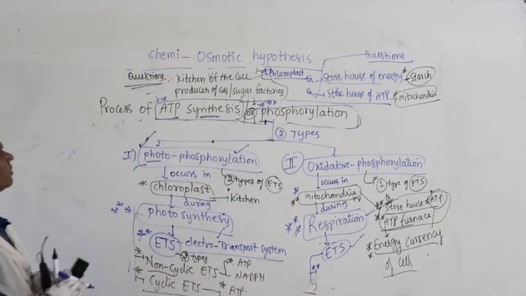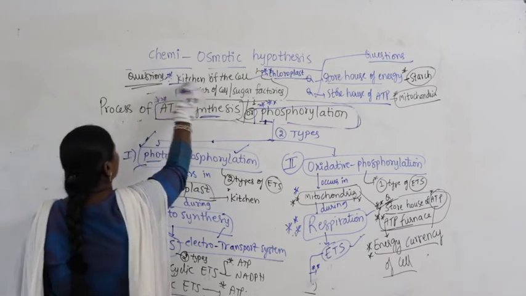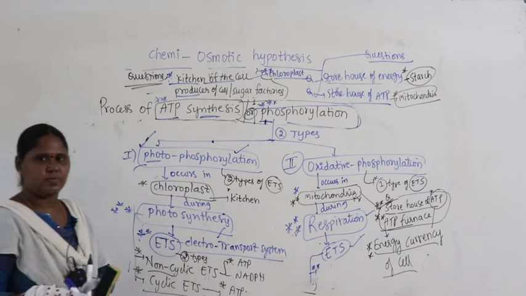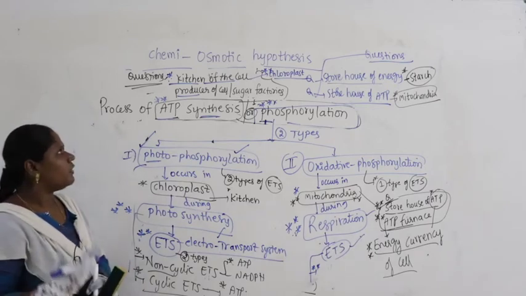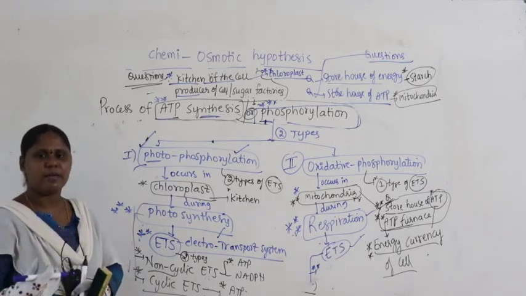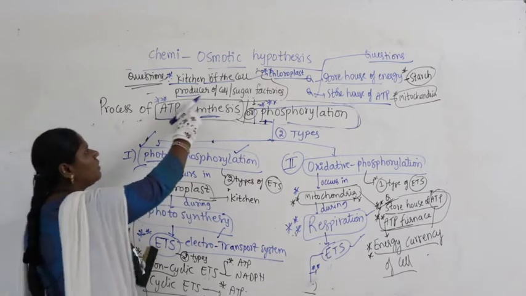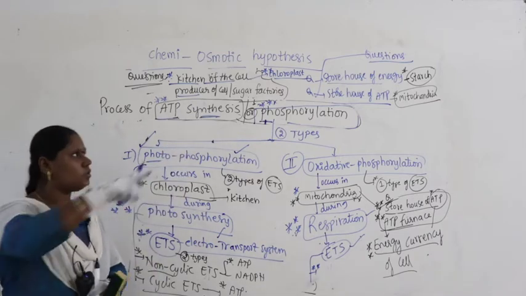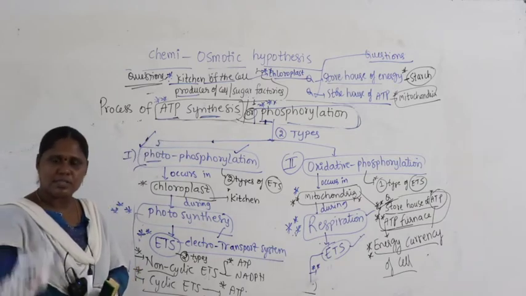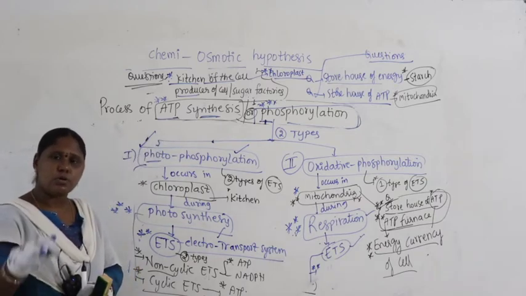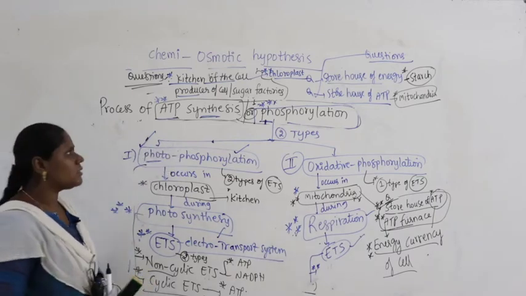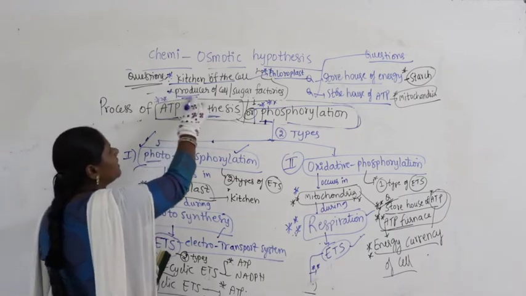Which acts as the kitchen of the cell, meaning where do we prepare the food? In the kitchen. Similarly, food is prepared by the chloroplast by photosynthesis. Producer of the cell, it produces starch. Starch acts as the storehouse of energy. It produces starch, meaning it produces a source for production of energy. That is why it is also called producer of the cell.